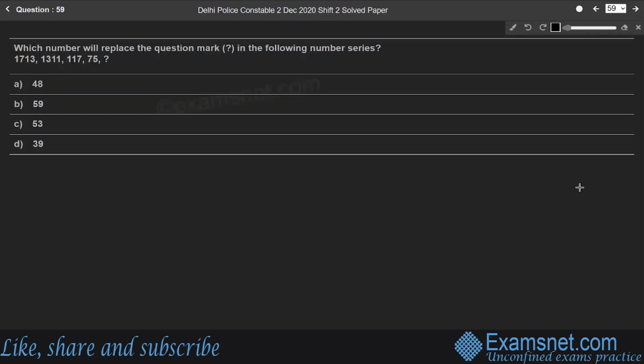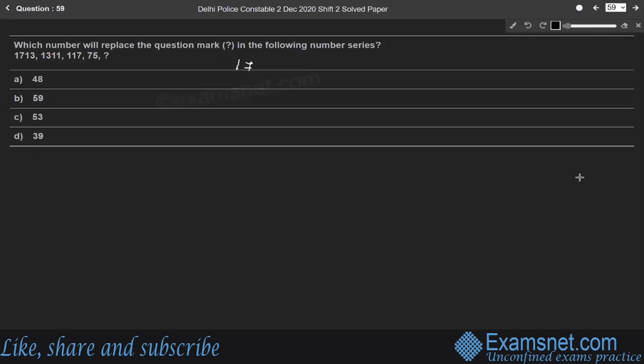Question 59. Which number will replace the question mark in the following number series? So the series has numbers 1713. This number has two prime numbers, 17 and 13, right? So the given numbers are pairs of prime numbers. Look at 1311.